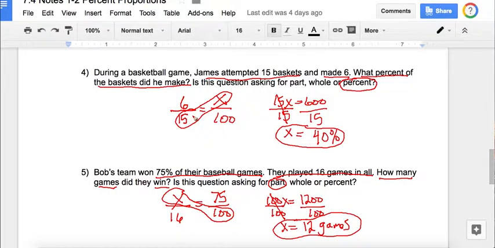So half of 15 would be 7.5. So is this number less than 50%? Yes, and our answer was less than 50%. So 40% is reasonable for 6 out of 15, because if he made less than 7.5 shots, then he made less than 50%. So in looking at both of these, they're both reasonable.